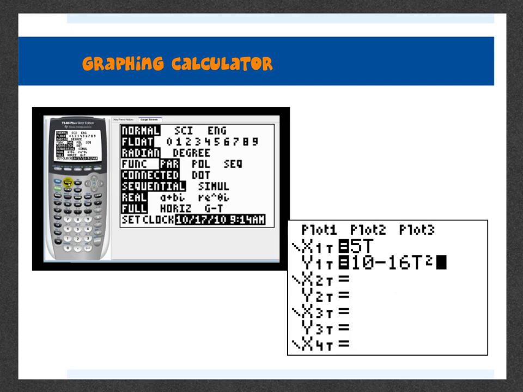So it's been a little while since we used our graphing calculators, but if you have them with you, you can take them out. I'm going to show you how to graph a parametric function.